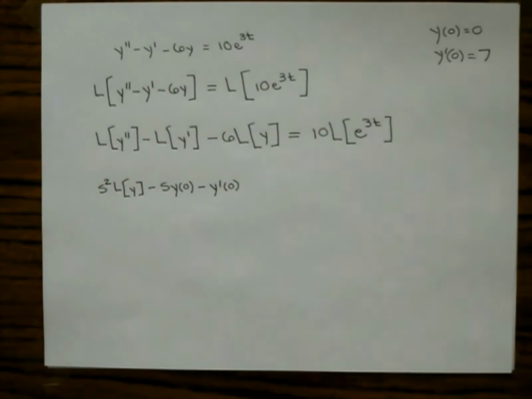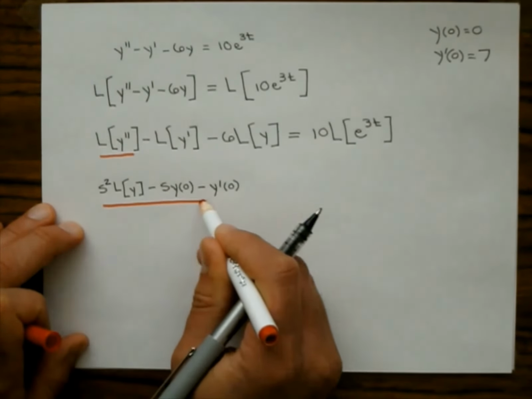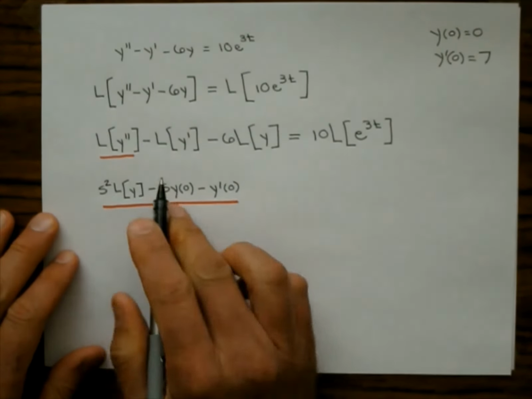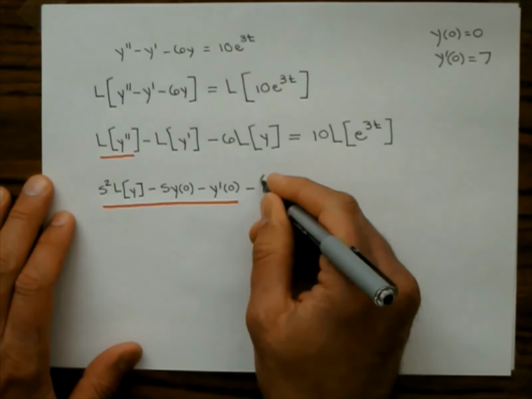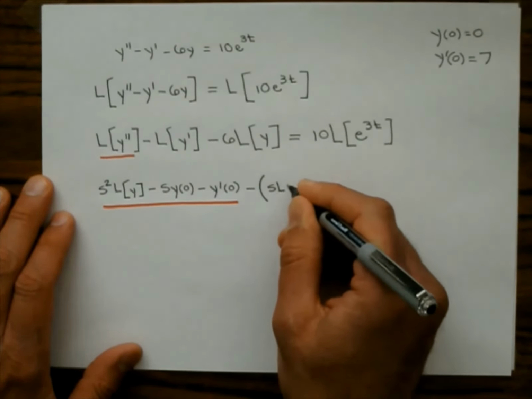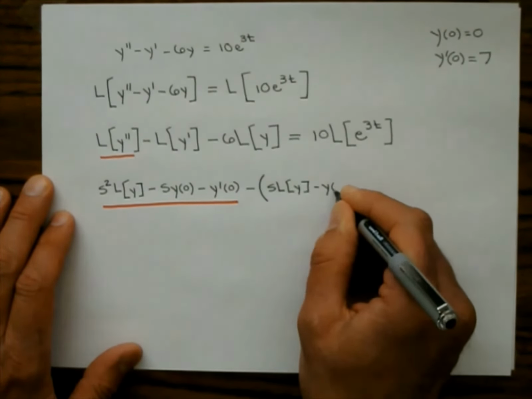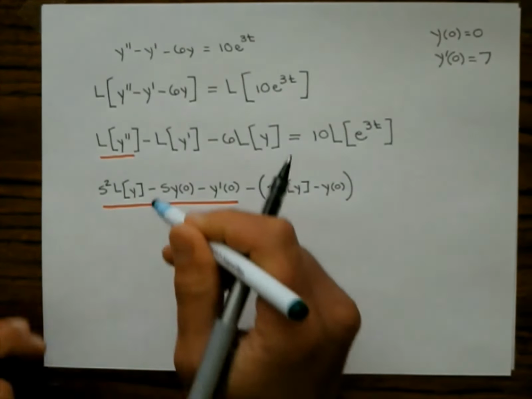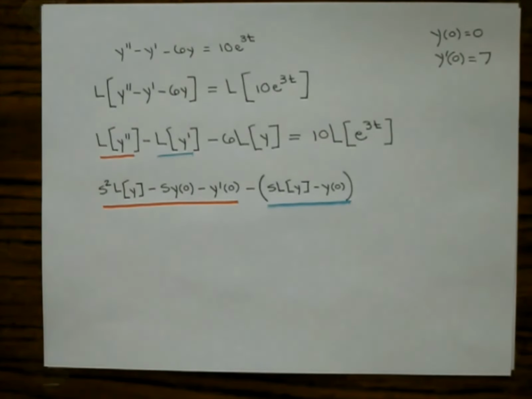If you're wondering what just happened, this part became that part. The next one is minus the Laplace transform of y prime. The Laplace transform of y prime is s times the Laplace transform of y minus y of 0.